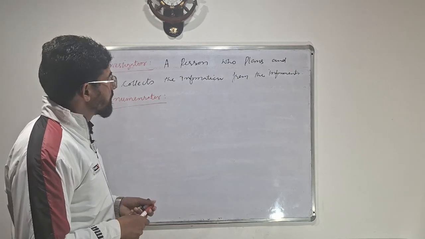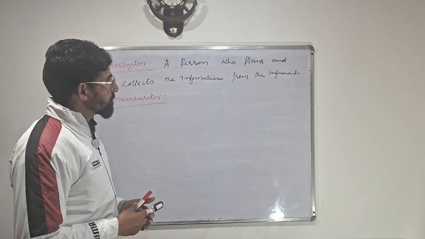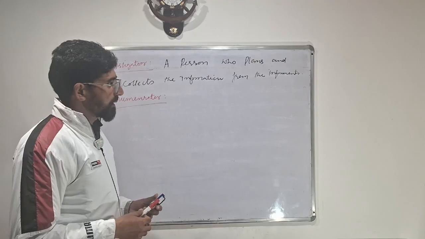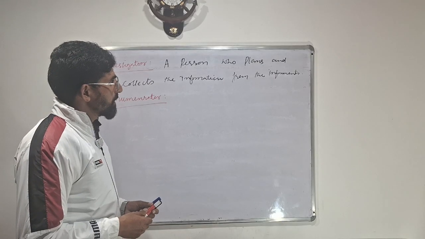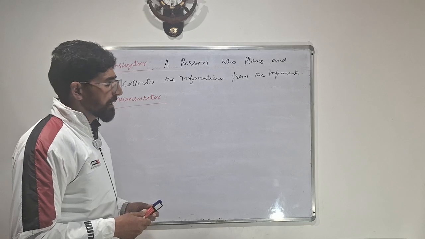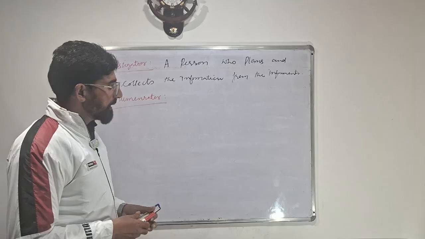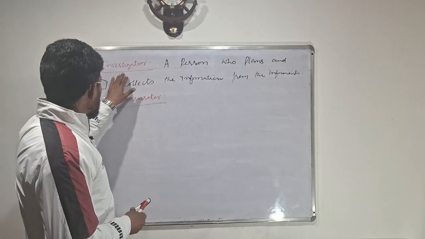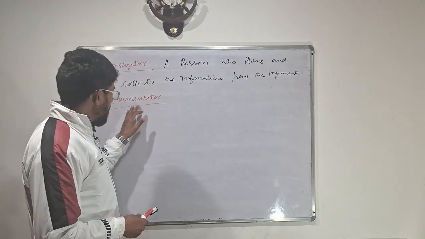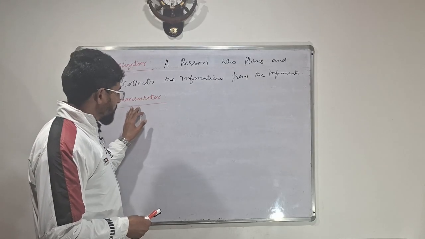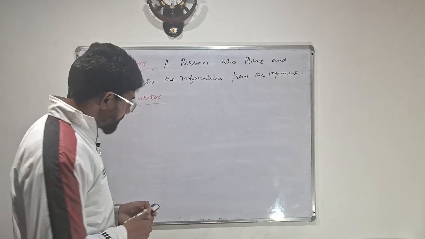Sometimes the investigator cannot reach every respondent or every informant. In some situations where the field of operation is large, the investigator appoints or hires an enumerator, who helps him to collect the said information.